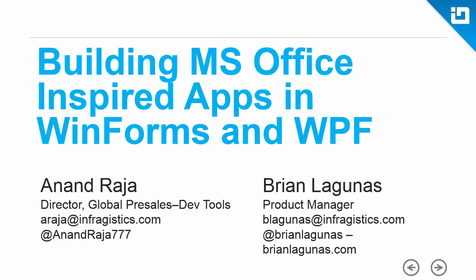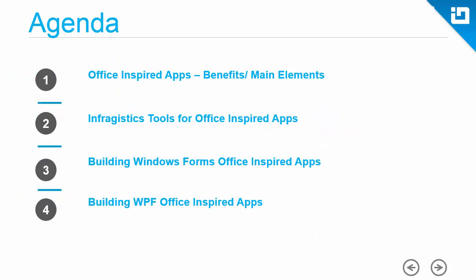Before we get started, let's take a quick look at the agenda. We're going to start out by talking about the Office style of UI. We'll talk about its evolution, the main elements, and the benefits of using this style. We'll then talk about Infragistics tools and offerings that are going to help you build Office-inspired applications.